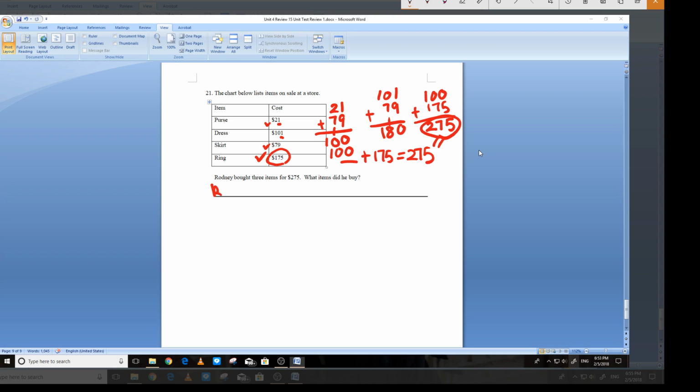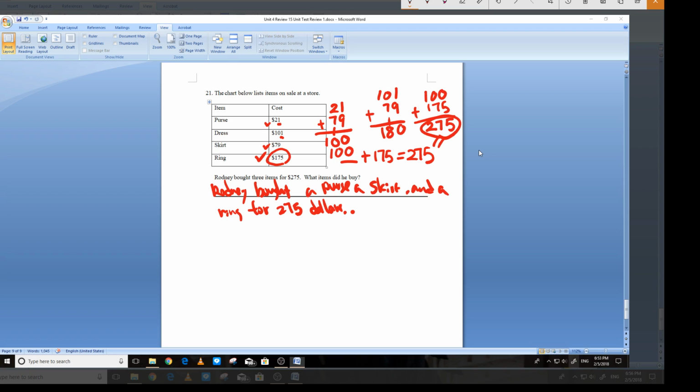And we're going to write Rodney bought a purse, a skirt, and a ring for $275. And that's what we want.